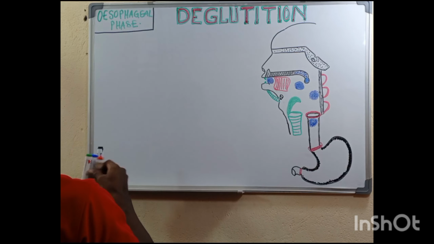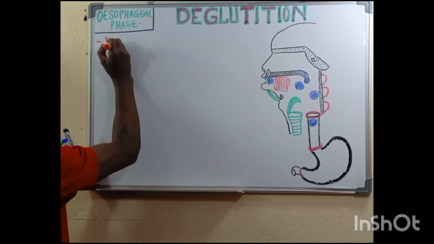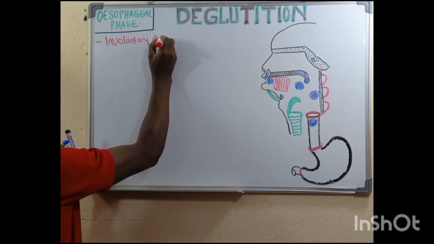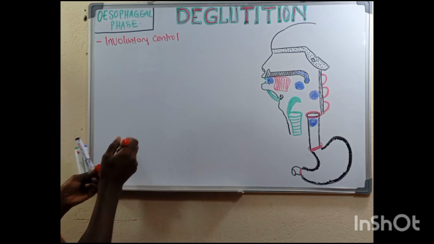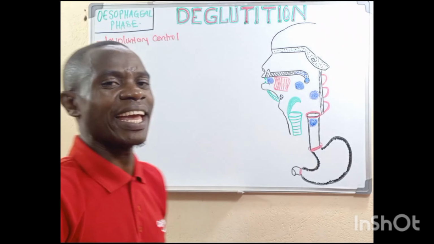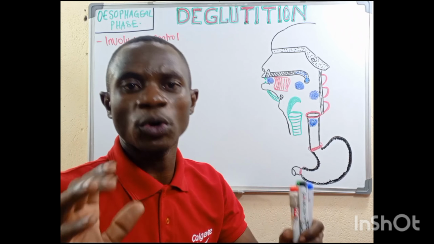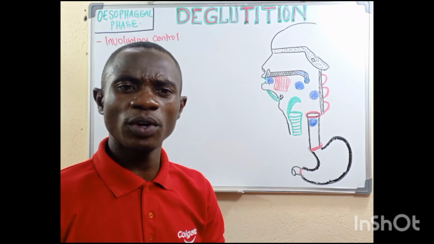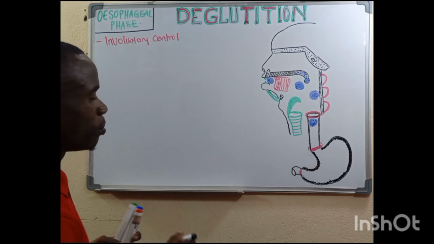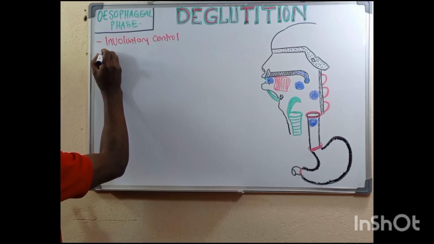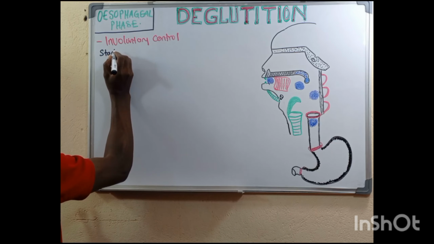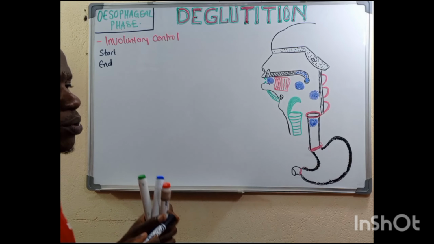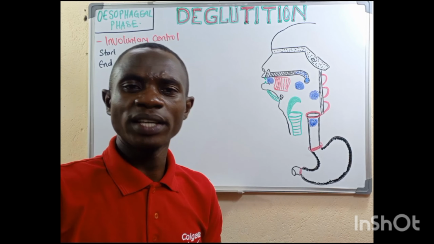When we talk of involuntary control, it means that everything happening in this phase is automated. Another very important thing is where this phase starts and where it ends. We need to know where it starts and where it ends.